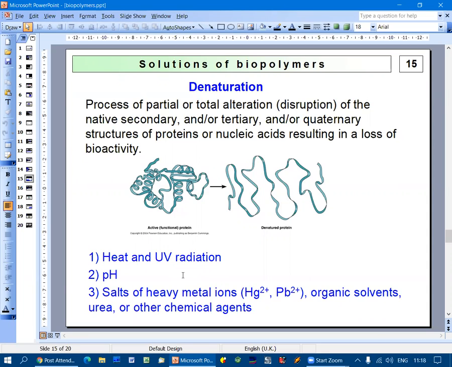But if we are talking about proteins, if the factors of stability of the solution are altered, a solution of protein can give a precipitate. First of all, pH.